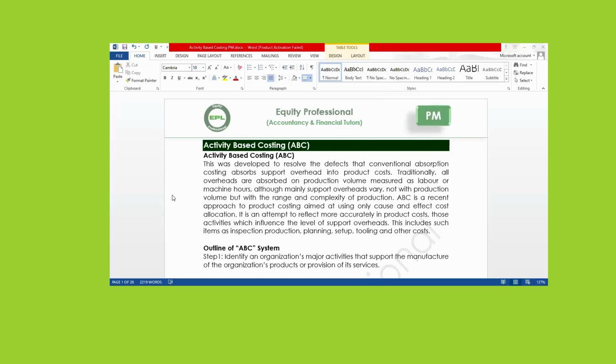We have the direct cost. These are costs incurred and can be traced to a particular product.